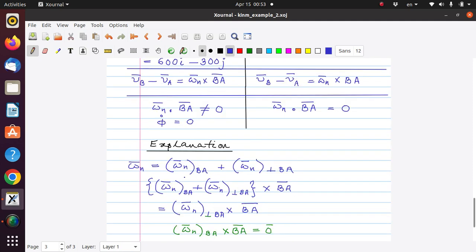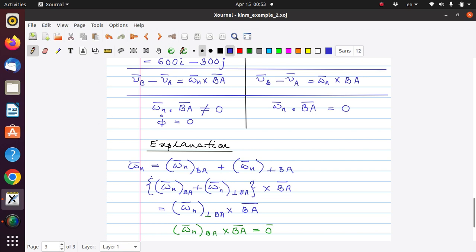So see, omega n, that is the angular velocity of the link, can be broken up into two components: omega n along BA and omega n perpendicular to BA.